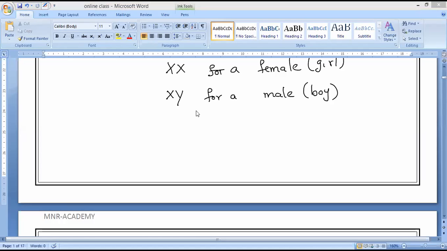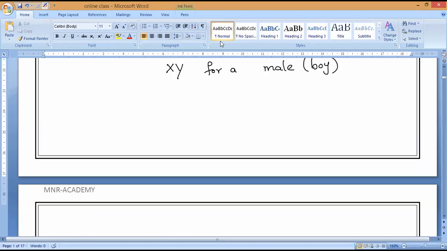So now, if you notice, the chromosomes which determine the sex of a person, what do we call them, Arvind? The chromosomes which determine the sex of a person, we call them sex chromosomes.